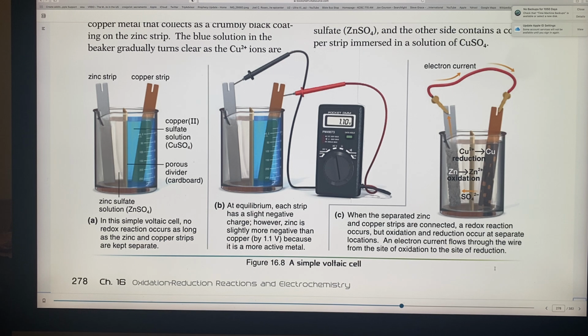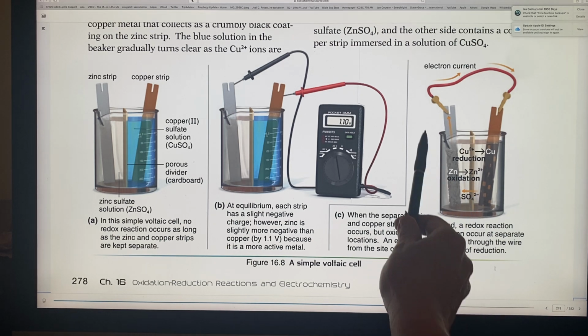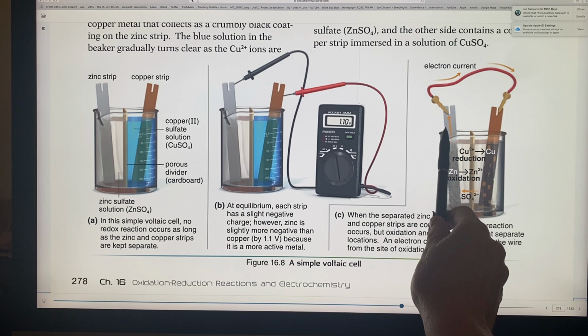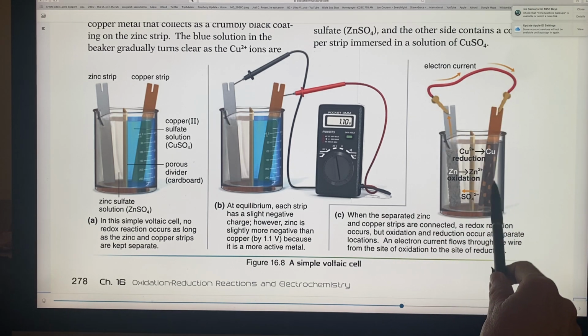Because the zinc, being the more reactive, is going to push out the electrons. The electrons go over here because they want to get to this copper side.